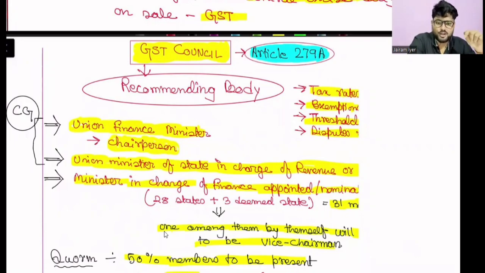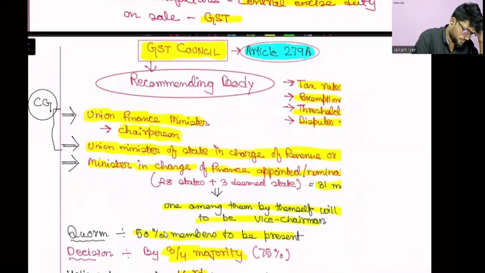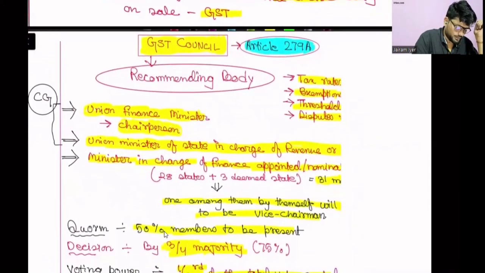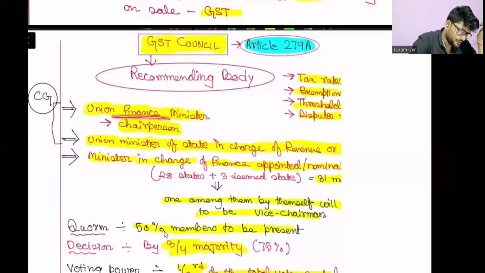Let's talk about its formation, who all are members. The first one is the Union Finance Minister, and she is our chairperson. Why I'm saying she, you all know well. So the Union Finance Minister is the chairperson of the GST Council.